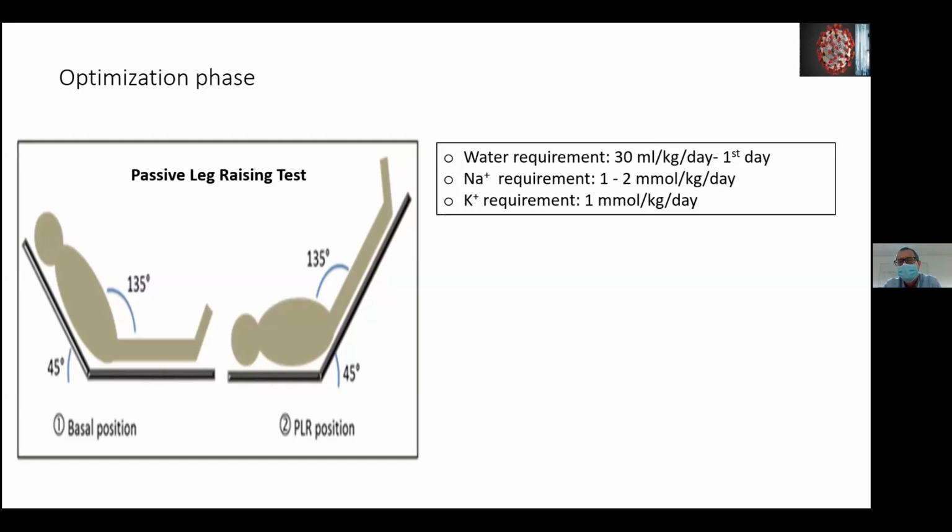And then you have to add your electrolytes. That is very important, because normally we use normal saline or Ringer's lactate that has high enough content of sodium and water, but normal saline doesn't have potassium. That's why, in that regard, we need to add potassium, ensuring that the renal function and plasma potassium are normal.